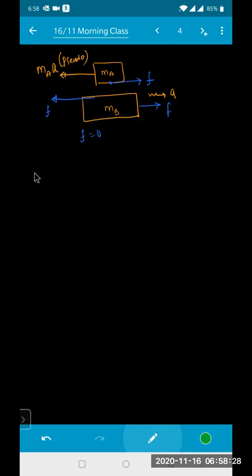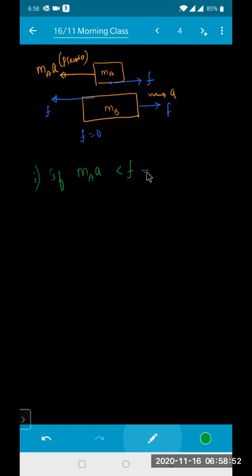Number one: if the pseudo force m_A into A is lesser than friction, then it can't break the bond between them. It'll stay constant. That means the total body will be moving with common acceleration.